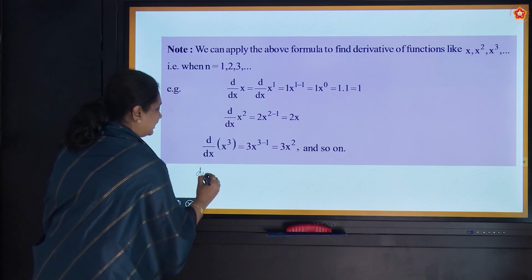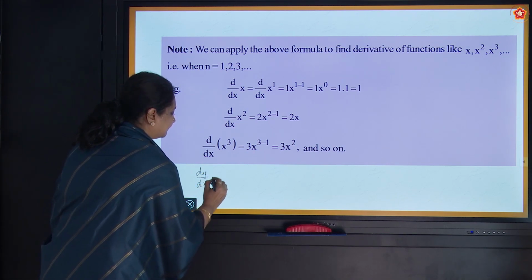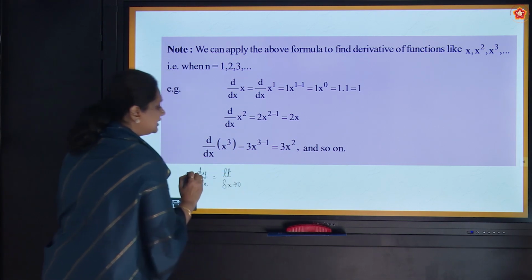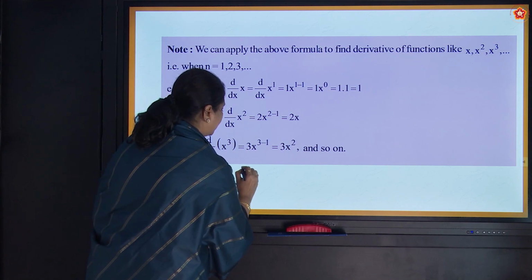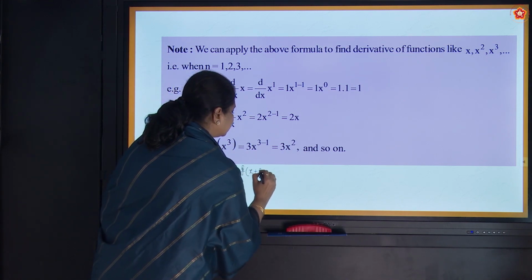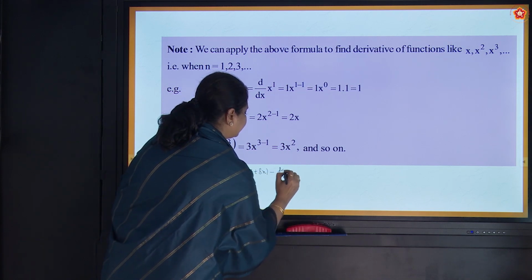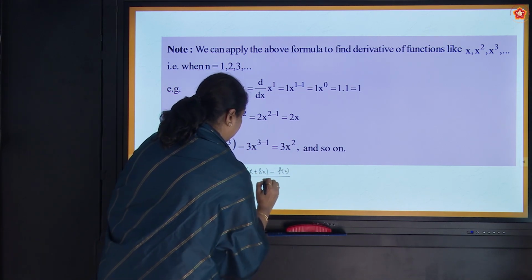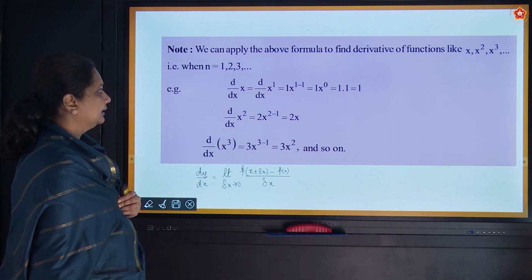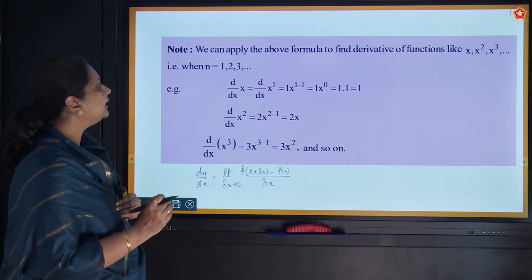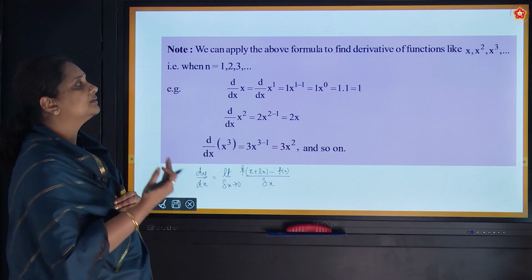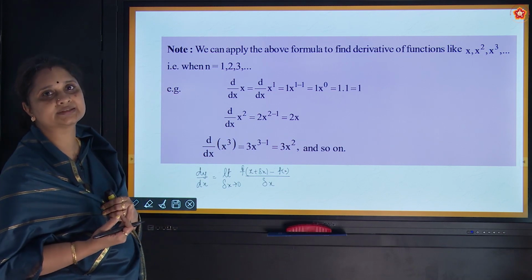We found dy by dx by using this formula that said dy by dx is equal to limit delta x tends to 0, f of x plus delta x minus f of x by delta x. Right? Now similarly, you can apply these formulas and try to find the derivative of the following functions.